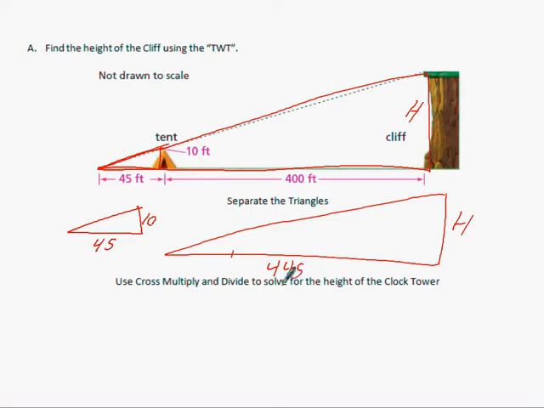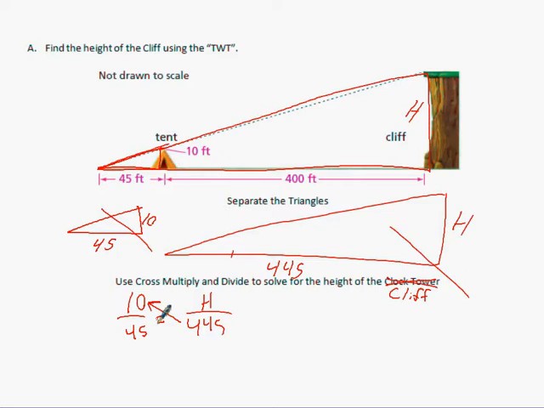Now, use cross multiply and divide to solve for the height of the cliff, not the clock tower. That's what I get for copy pasting things. Use cross multiply and divide to solve for the height of the cliff. Set up fractions. Height over ground. 10 over 45 equals h over 445.